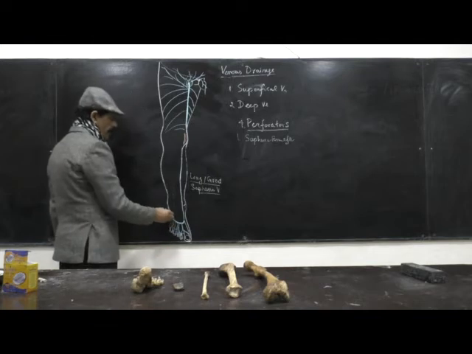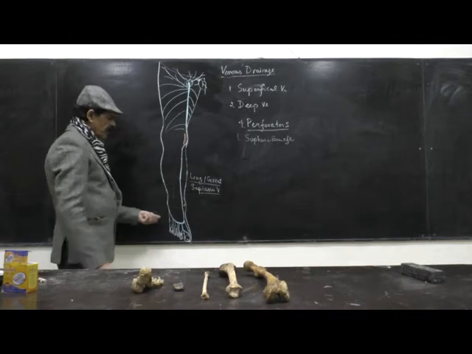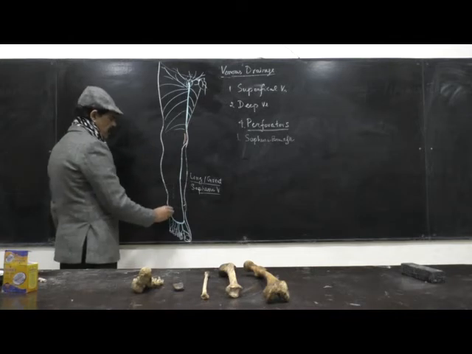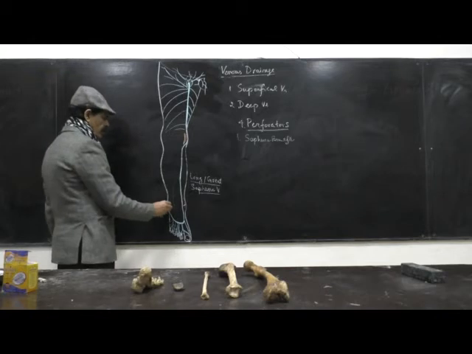Similarly, the lateral end of the dorsal venous arc starts as the short saphenous vein.